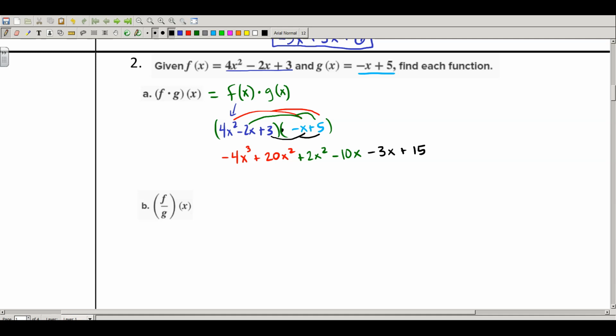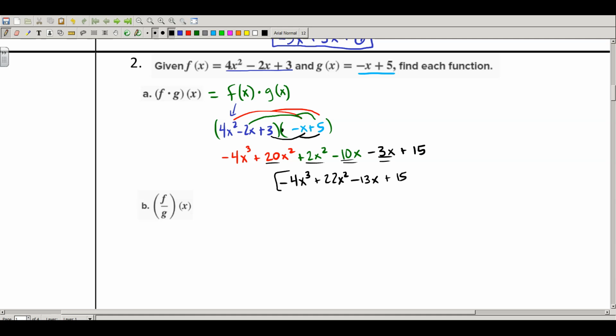So really, we've done these types of problems before, where we just take a polynomial and we multiply it by another one. And we just have to understand what this notation means. We're just taking functions and we're multiplying the functions. Okay, we still have to clean this up and combine our like terms. So let's go ahead and do that. So our final answer would be negative 4x cubed, and then we have 22x squared, and we have negative 13x, and we have plus 15.